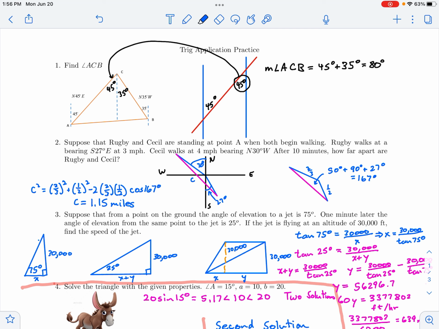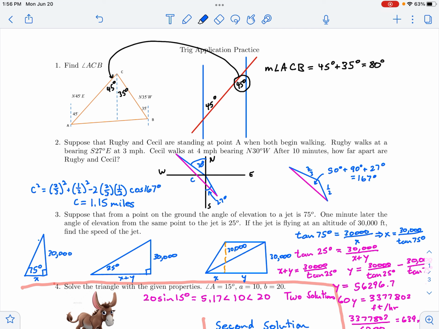Now, I went ahead and drew it out over here, to get it out of the clutter a little bit. One of the things they said, Rugby was walking at 3 miles an hour. That's every 20 minutes he'll walk a mile.